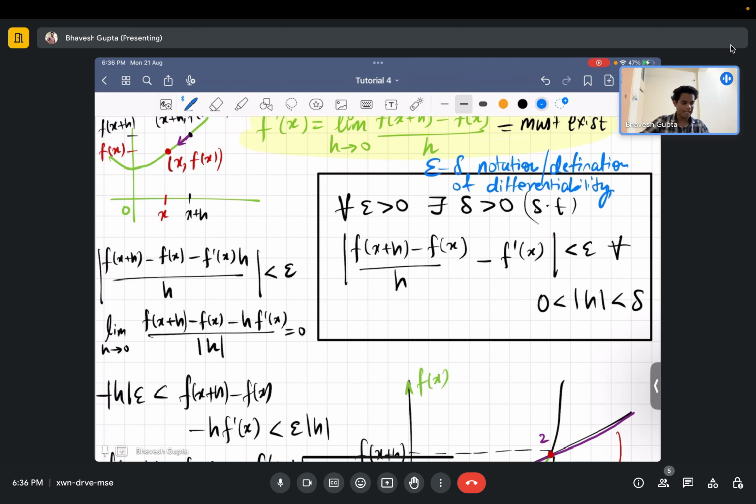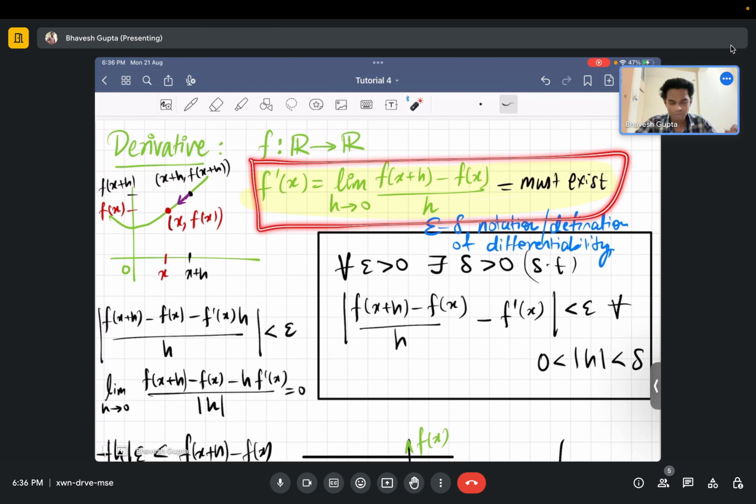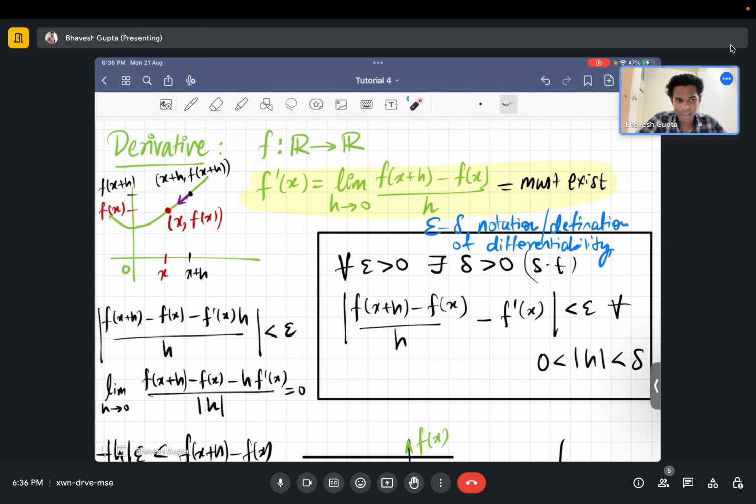The idea behind this definition is that you define an interval just like before. We see that the definition of the derivative has to be the existence of a limit, and we have done a definition for limits. We had an idea of how to write that definition when a limit exists.